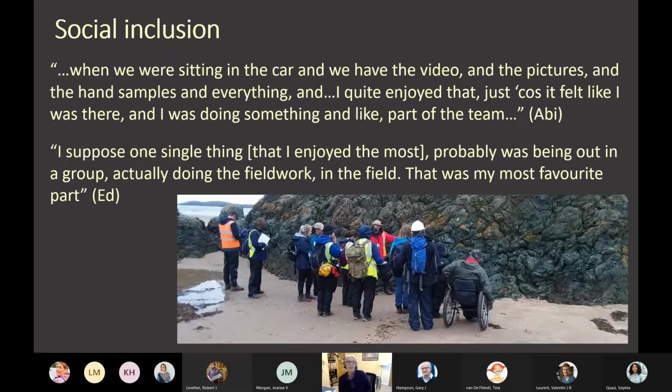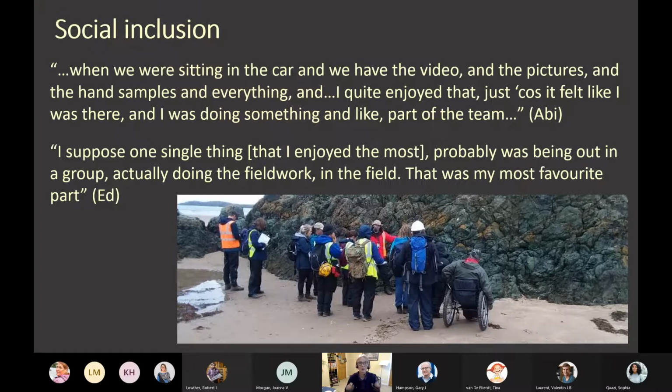In terms of the mobility impaired students, we were particularly interested to know how included they felt, bearing in mind that they had been geographically separated for reasonable proportions of the field trip. And what we found is that technology was hugely helpful in helping them to feel included in the learning in general, particularly the live stream.